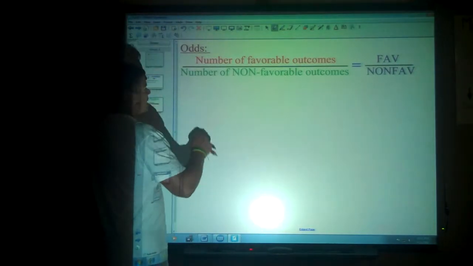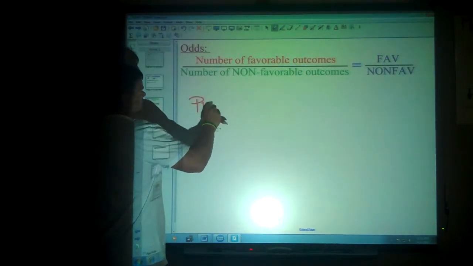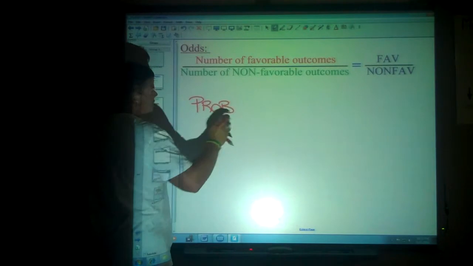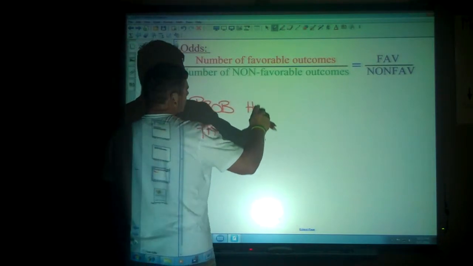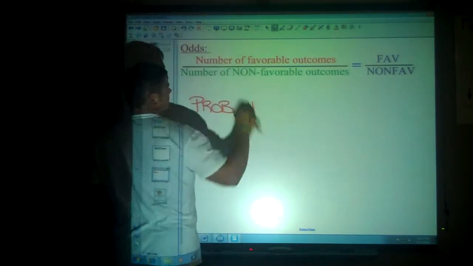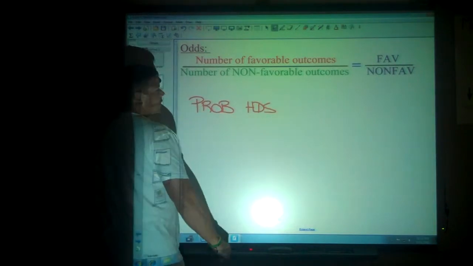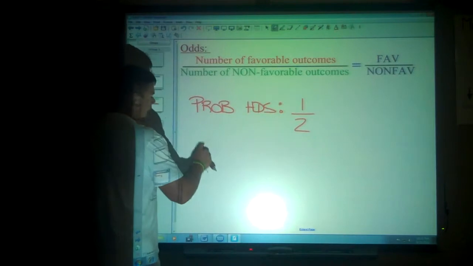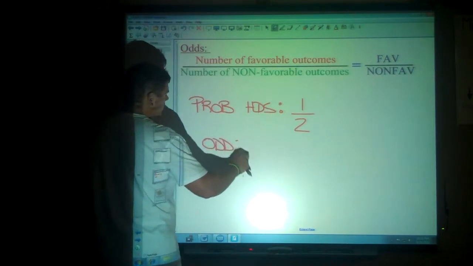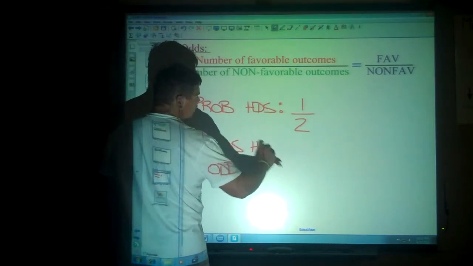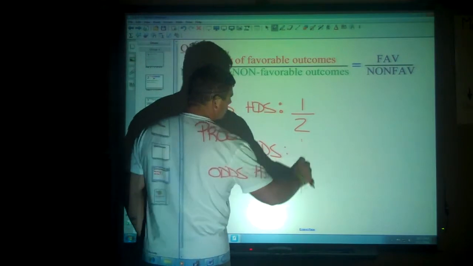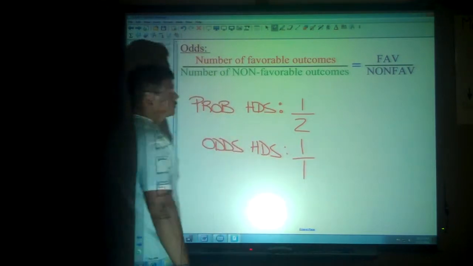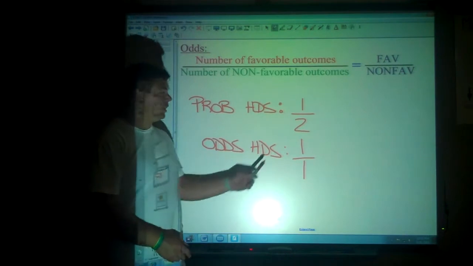So if we were to say that the probability, remember this is different, this is not odds, the probability of heads on a coin, the probability of heads is 1 favorable out of 2 possible. The odds of heads is what you want still out of what you don't want. It's 1 to 1. So it's a little different.